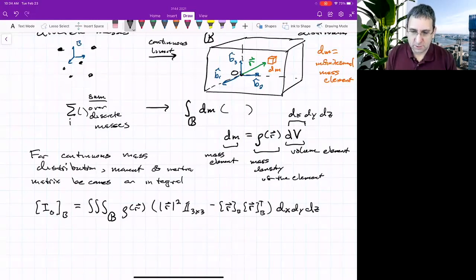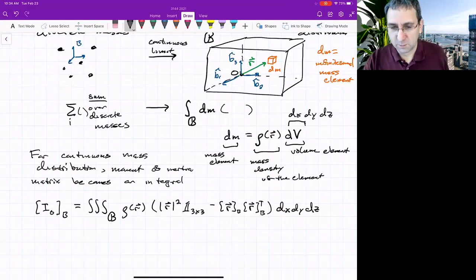And we'll get into what this is later, because we're first going to do rigid body kinematics, but I wanted to give you an idea of where we're heading.